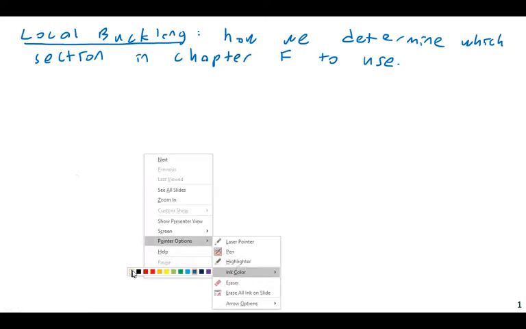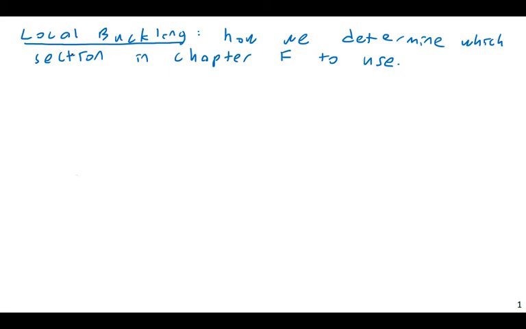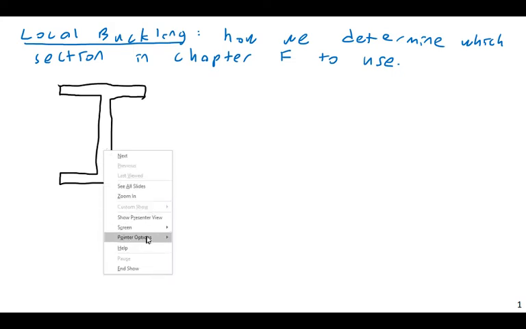Now, fundamentally, rolled shapes, all steel shapes, can be thought of as being made up of plates. So consider a generic wide flange shape, and let's consider at least 3 plates here.